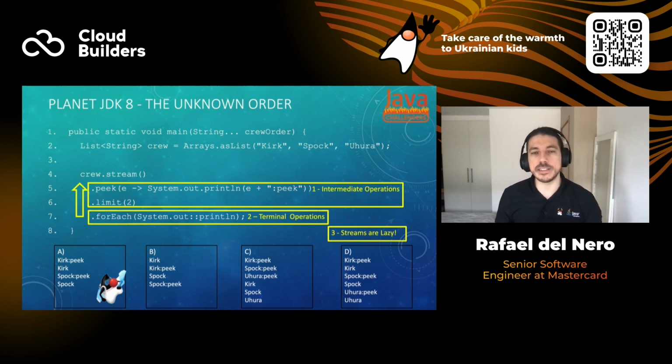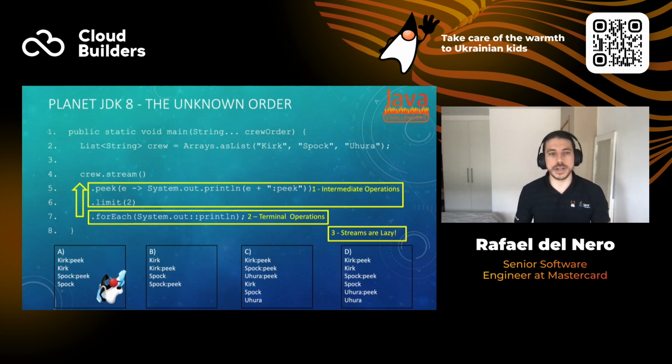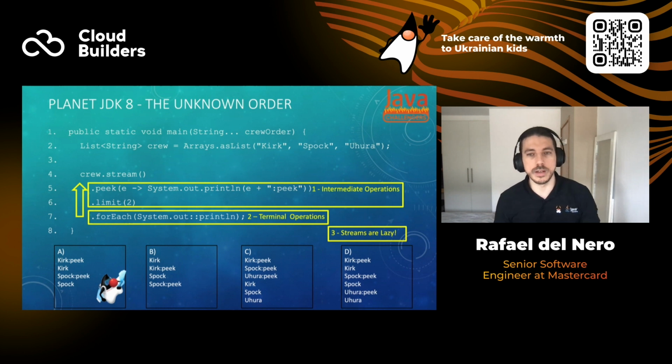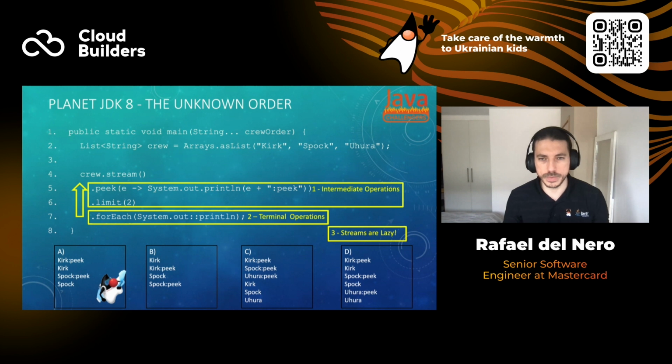Which means that it won't need to run through all the 3 elements. It will just process the Kirk and the Spock elements, and that's all. So that's why streams are also very performant, depending, of course, on the amount of elements you are going through. Okay, so let me see who got the answer right.